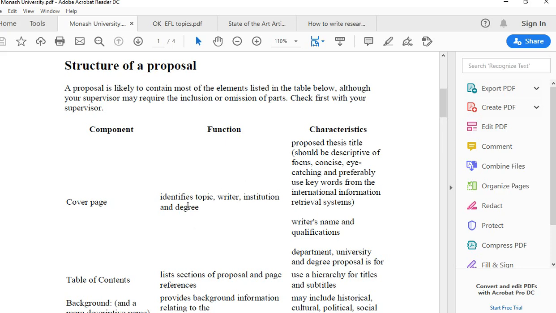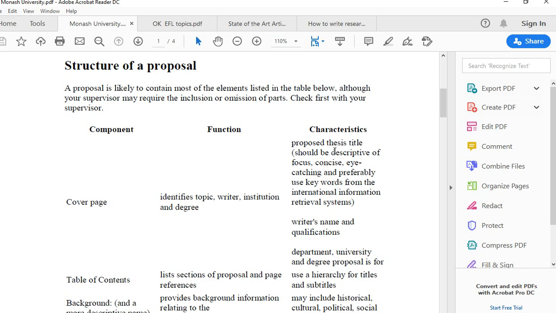So it identifies topic, writer, institution, and degree. What are the characteristics of the cover page? The proposed thesis title should be descriptive of focus, concise, eye-catching, and preferably use keywords from the International Information Retrieval System.